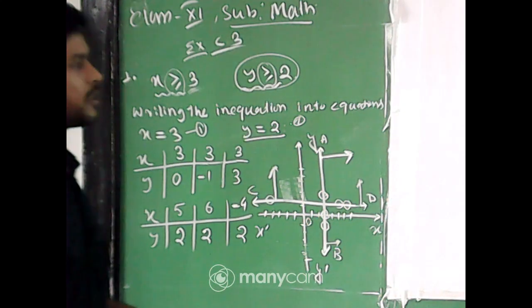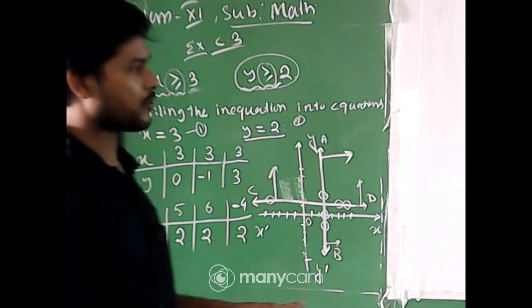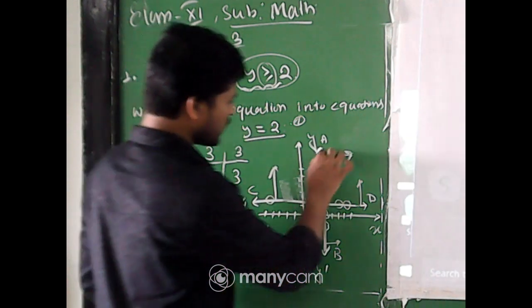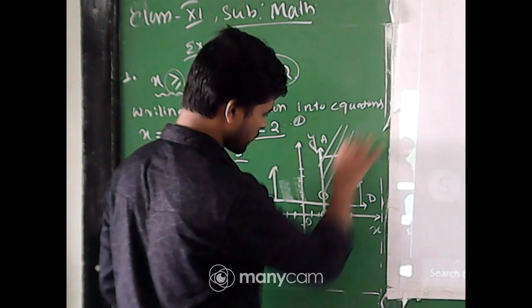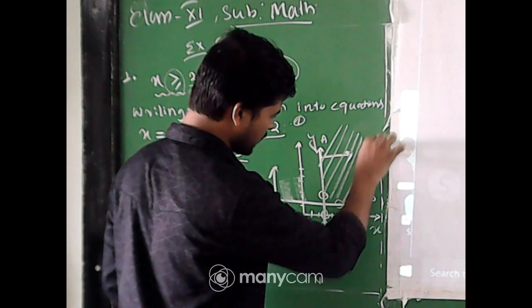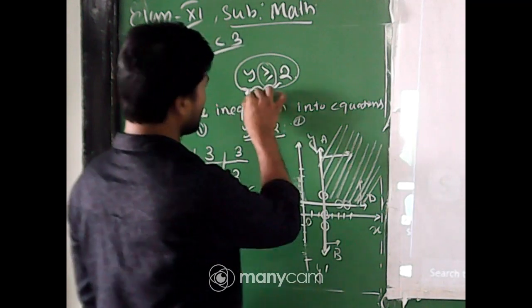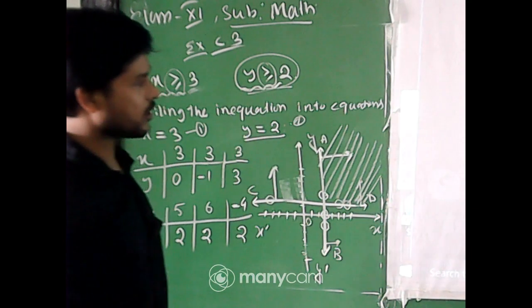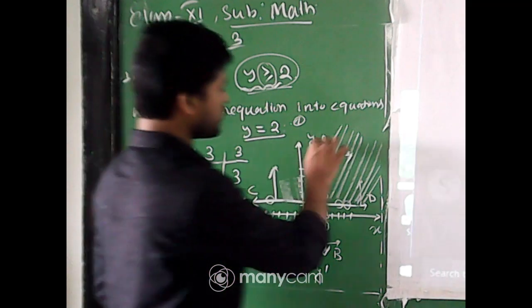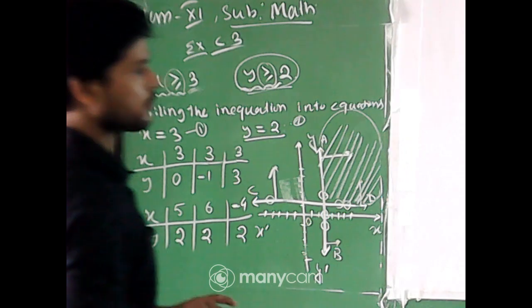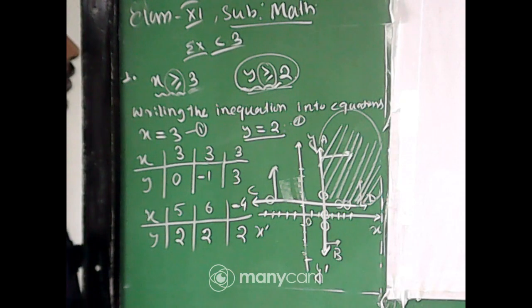So the solution means the portion of the graph satisfied by these two inequations. Now look, this portion is satisfied by both inequations, x greater or equal to 3 and y greater or equal to 2. So this portion is the solution of your given inequations. Yes, it is common.